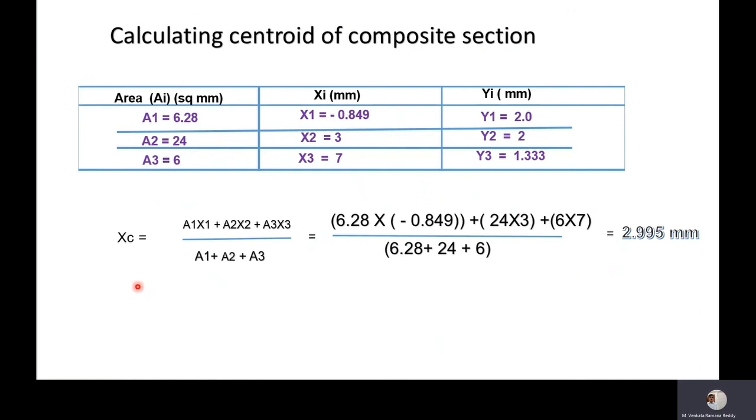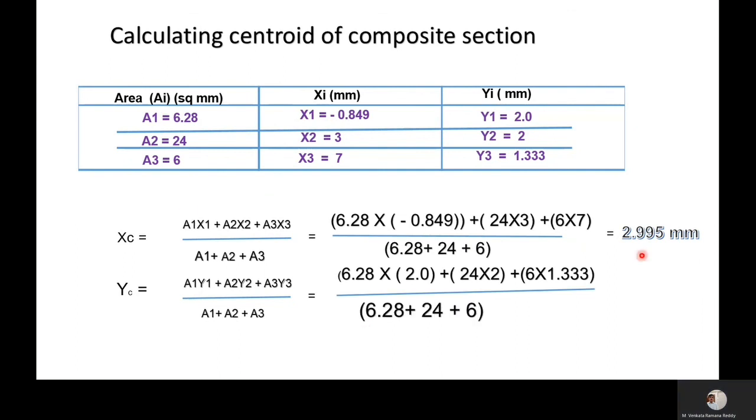Then yc value also to be calculated. yc is equal to a1y1 plus a2y2 plus a3y3 by a1 plus a2 plus a3, where the a1, a2, a3 values and y1, y2, y3 values are to be substituted. After that, we'll get yc is equal to 1.890.